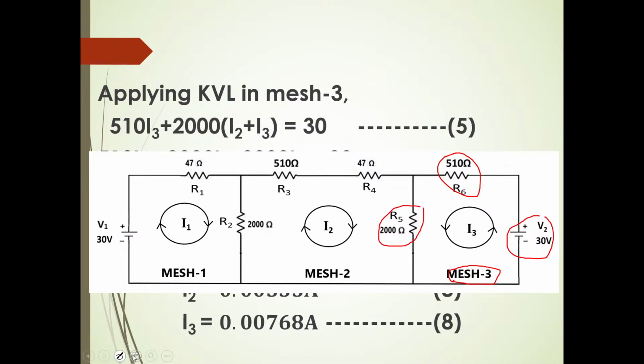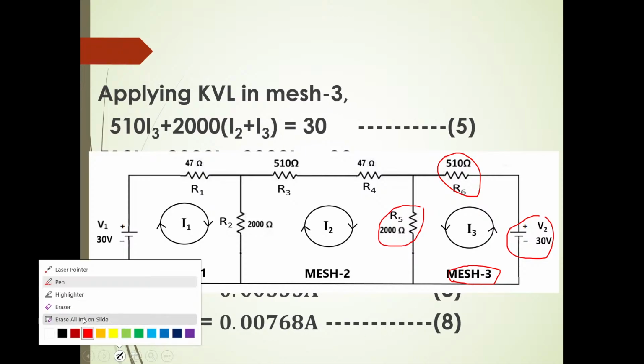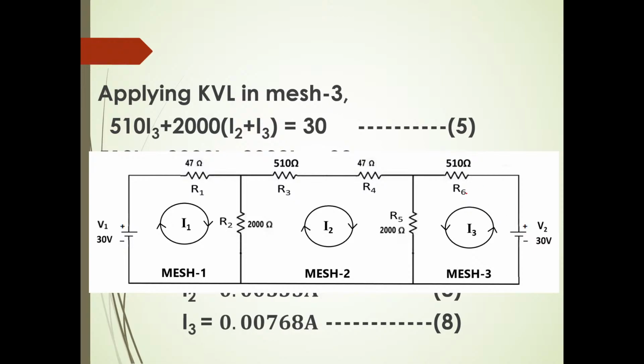So let us write the mesh equation or KVL equation. Let us start with the source. Source voltage is how much in this? Algebraic sum of all source voltages in this mesh 3 is only one source, that is 30 volts. So 30 is equal to voltage drop across this resistor, how much? 510 into I3. That's what I have written here, 510 into I3 plus this 2000. 2000 into what?